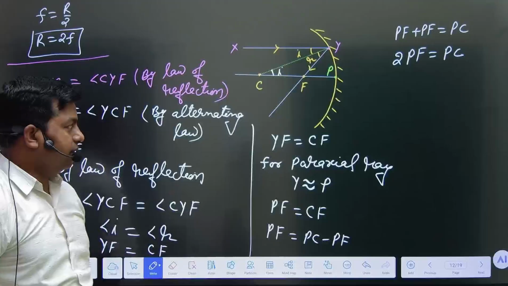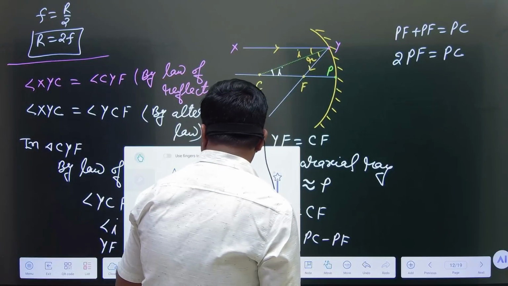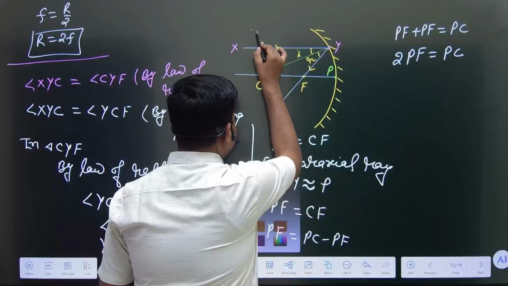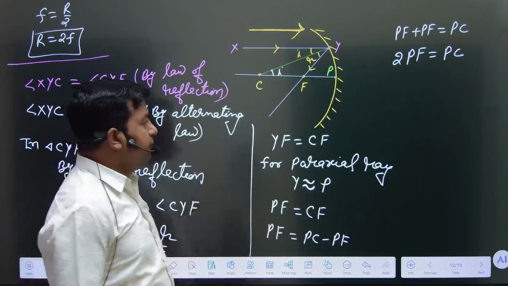And by using the sign convention, all the distances are measured from the direction of incident light. This is the direction of incident light, and PF we measure in the opposite direction.